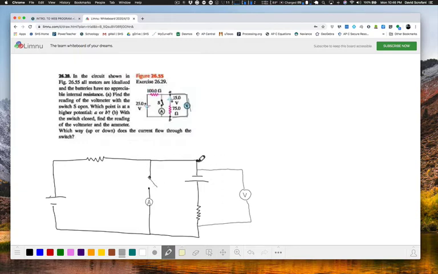And I call this point A, and this is just 2 arbitrary points, right? Point B. So I'm sure they're going to ask us a question about that later on. Here's the resistance of that resistor. This one down here is 75. So this battery is 15 volts.